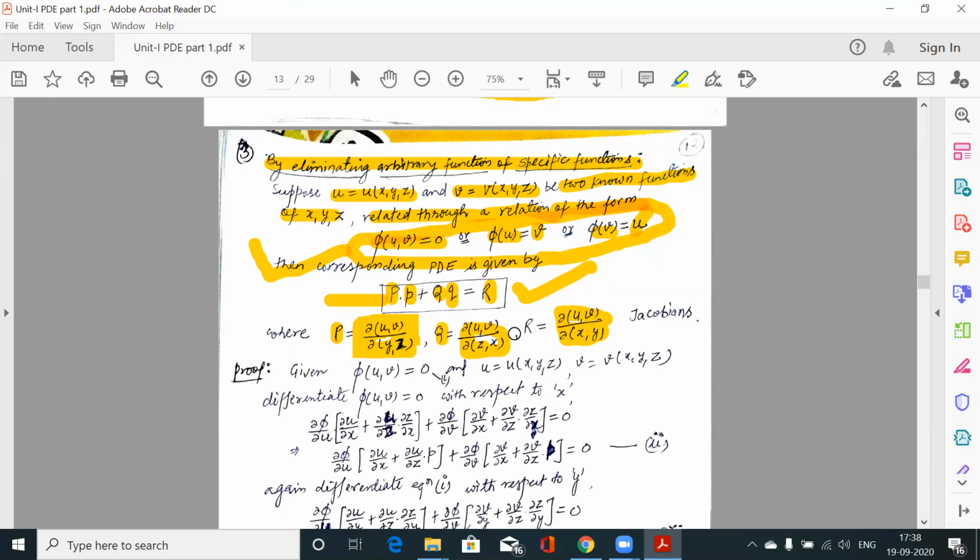So if we are given this type of question, we can directly write the answer in this form, calculating capital P, Q, R as Jacobians.